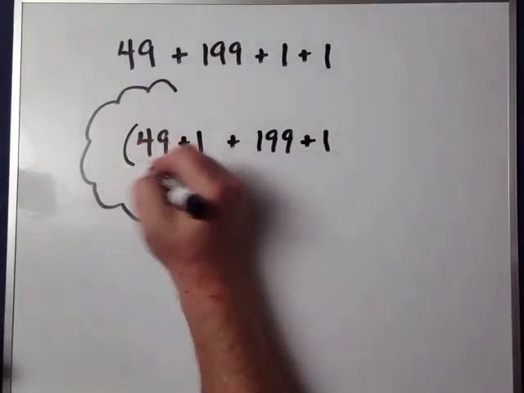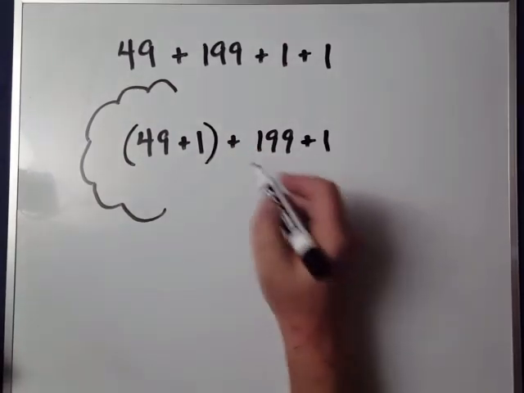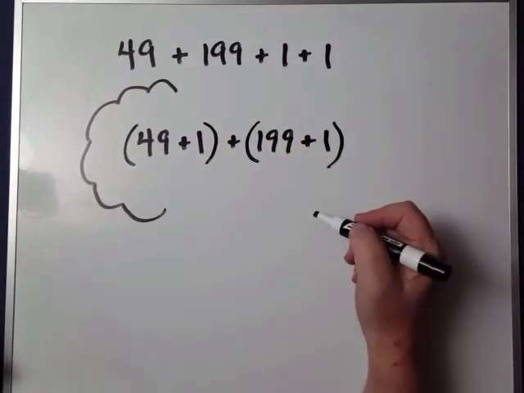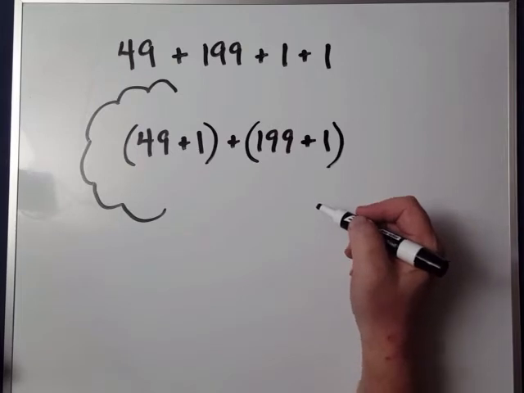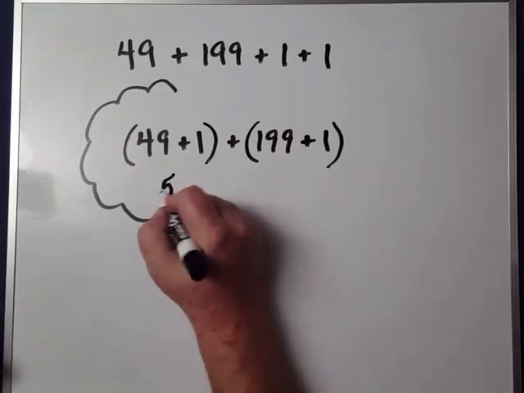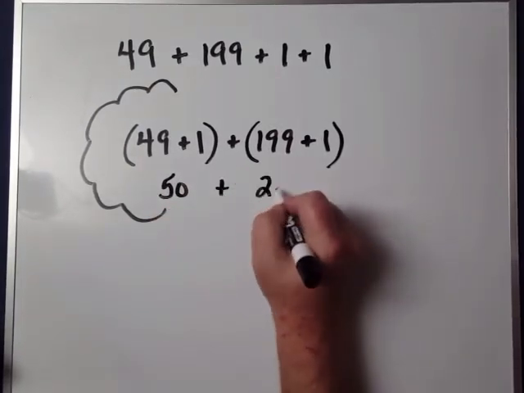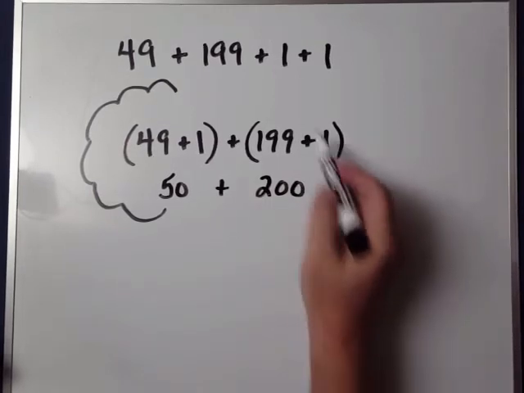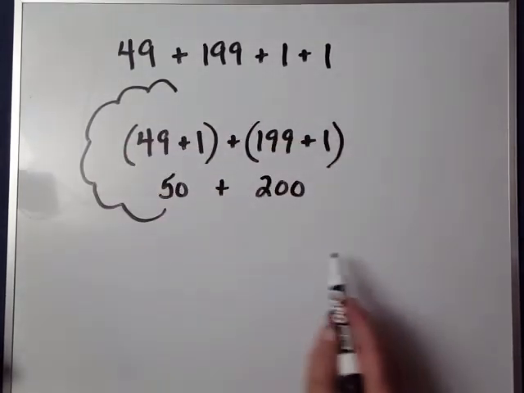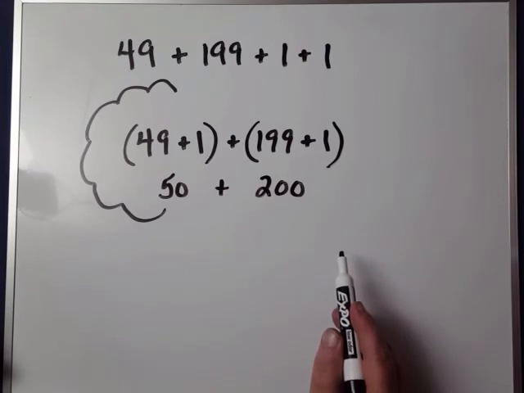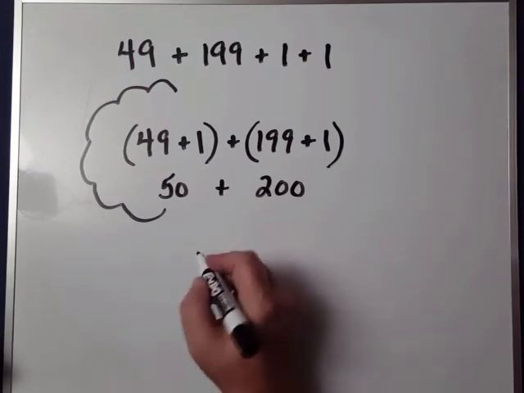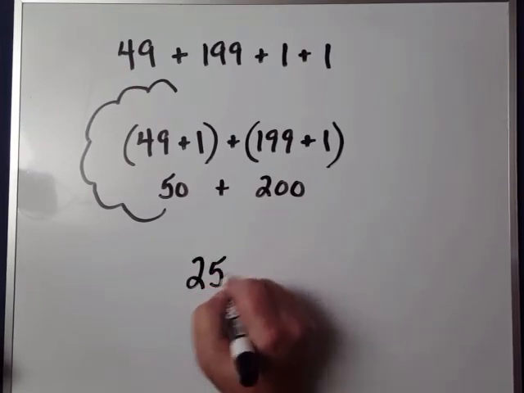And in my head, I'm going to do that pair and do that pair, which will give me 50 plus 200. And again, this is all mental. I'm just showing you on the board what's going through my mind. Total of 250.